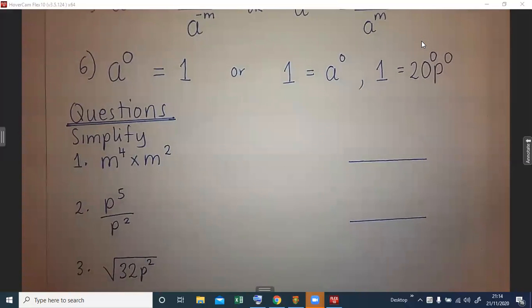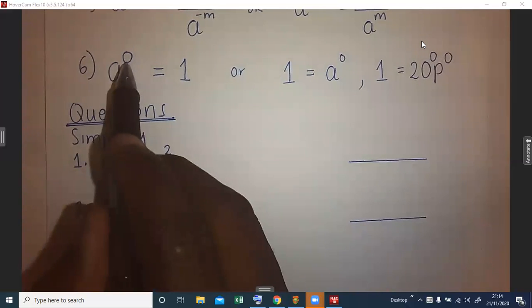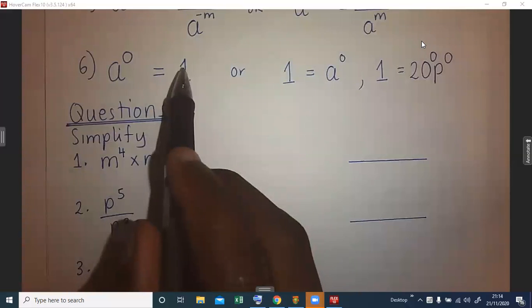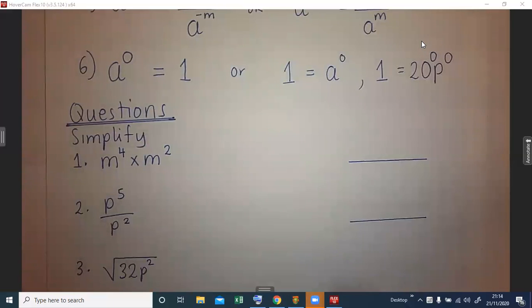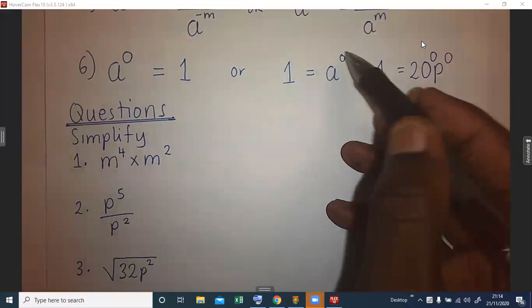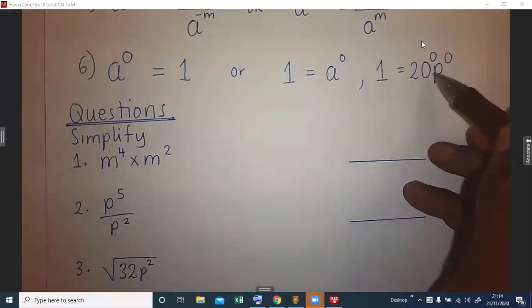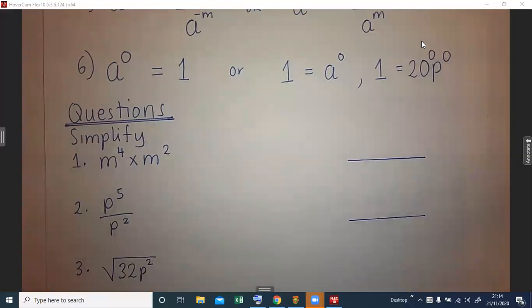So that's a basic law, that any power 0, change the whole question to 1. And the vice versa is true. If I have 1, I can change it to any number power 0, that is in indices.